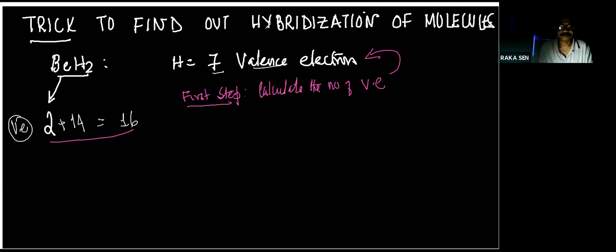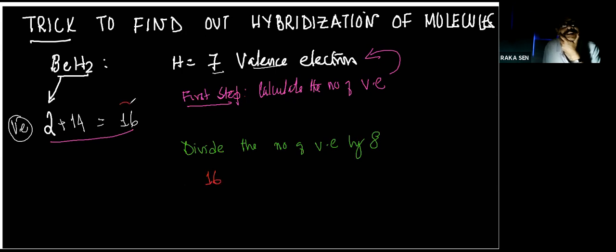The second step: divide the number of valence electrons by 8. Right? So 16 divided by 8.